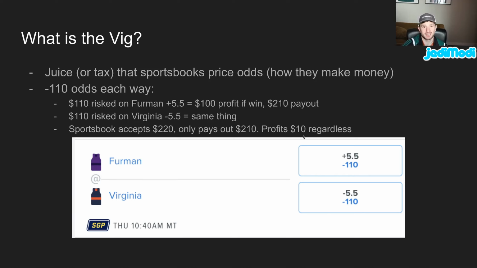If they are able to get close to that 50% payout, you start to understand why sportsbooks make as much money as they do, why Caesars can have the Manning family as sponsors, why PointsBet can get Drew Brees, because of this VIG, because you multiply this $10 by hundreds of thousands of zillions of bets, by even more money bet than the $100 risked. And yeah, they make a lot of money.